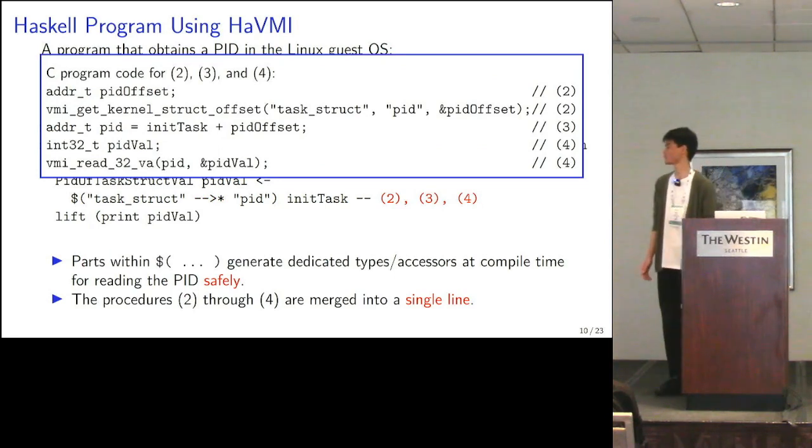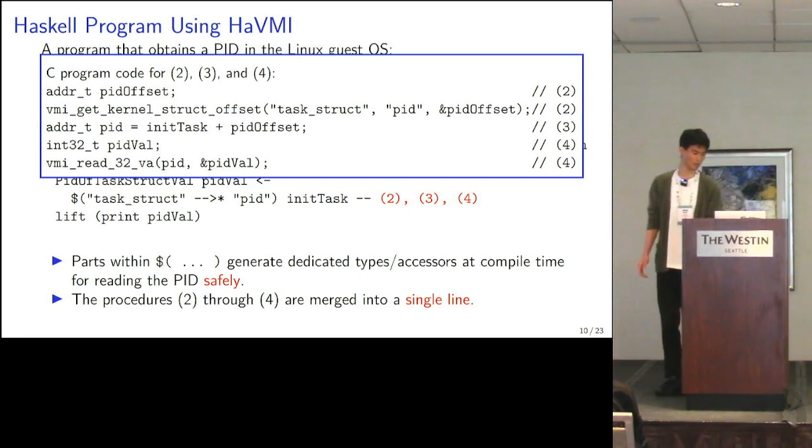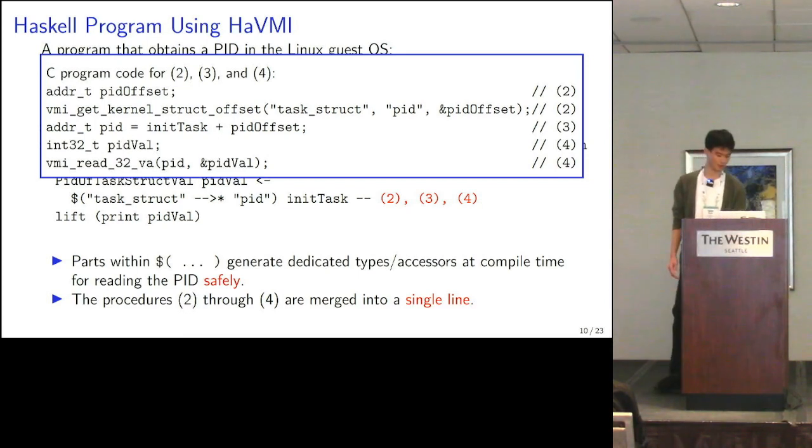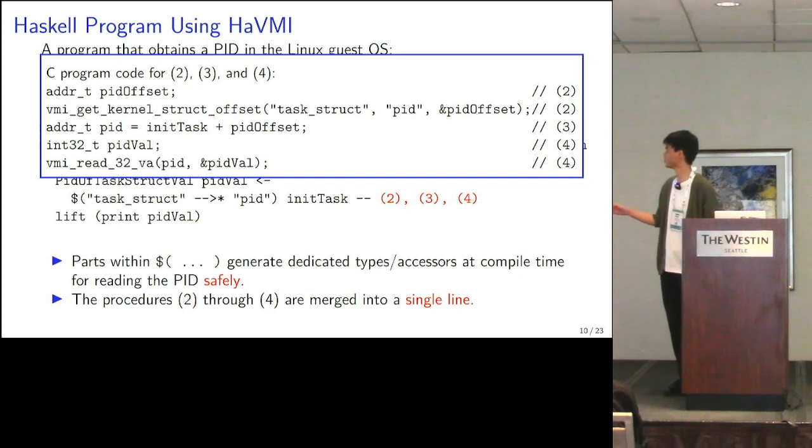In addition to generating code for accessors and types, this program merges the 3 steps from obtaining the offset of the member PID to reading its value in 32-bit, which takes 5 lines in the case of a C program, into a single line, as in this line.